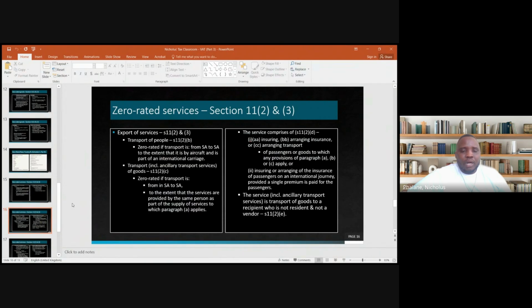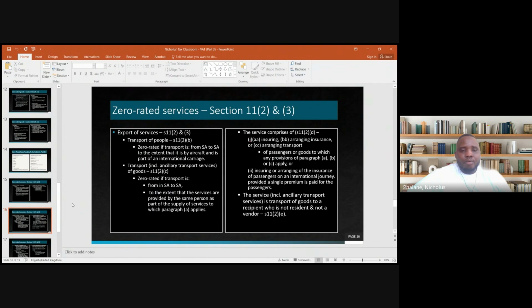So I would have to fly from Polokwane to Johannesburg, and from there I can fly from OR Tambo to the US. So that leg from Polokwane to OR Tambo would be zero rated as well, although it's transport within SA, but it is part of an international flight, because my intention was always to fly to the USA, not to OR Tambo.